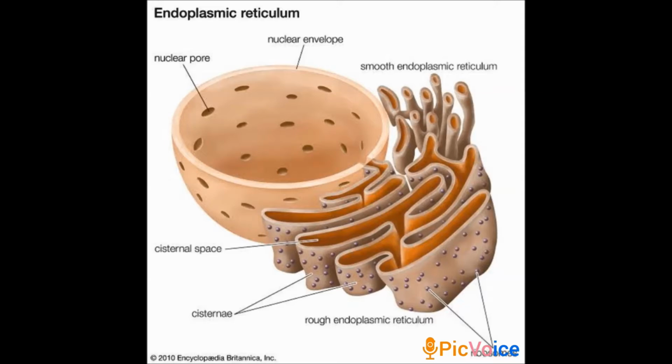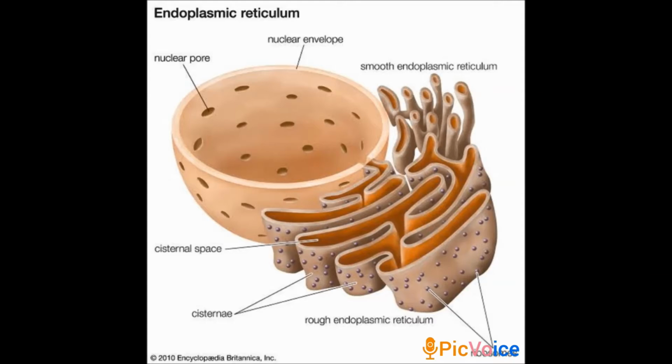You can see the diagram of endoplasmic reticulum. The structure will be like this. In the center there is the nucleus to guide the cell, and around it a nuclear envelope covers the nucleus. On the side you can see some foldings.